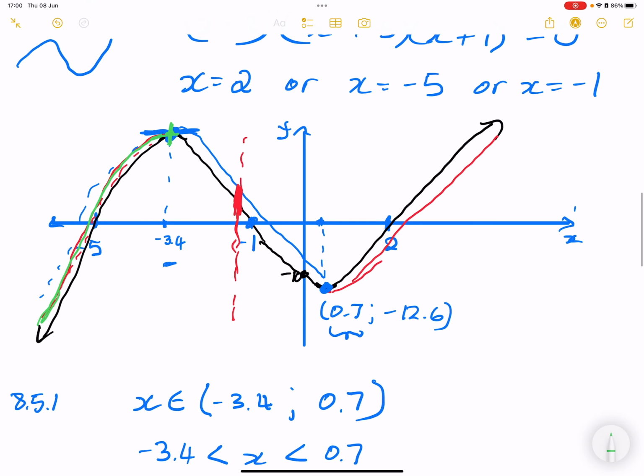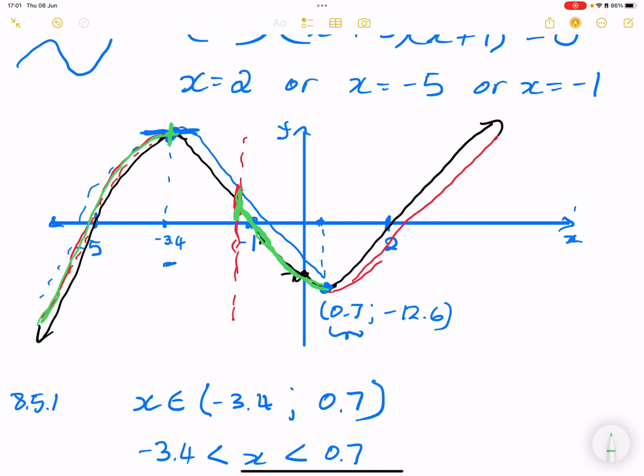Now let's go back to the graph. From the point of inflection, it starts being concave up, but it is both a decreasing function and concave up.